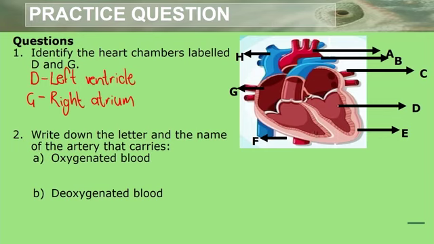So we are looking for an artery that carries oxygenated blood. Let us look at the red ones. We know that A is the aorta. C is also a red blood vessel, but that is the pulmonary vein, like we labeled in our diagram on the first slide. So our answer for 2A will be the aorta.